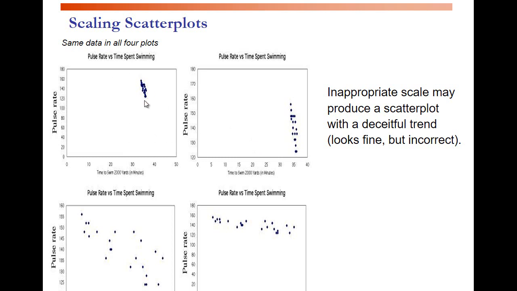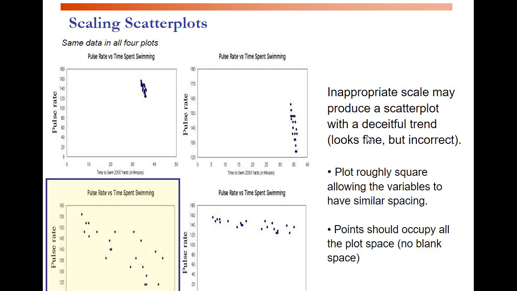So the first one and the second one, clearly the scale picked is bad, and so what would be the best way of picking scale?